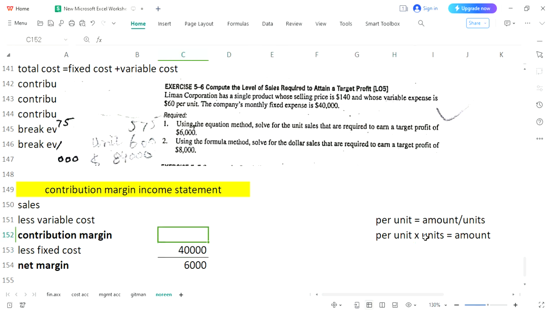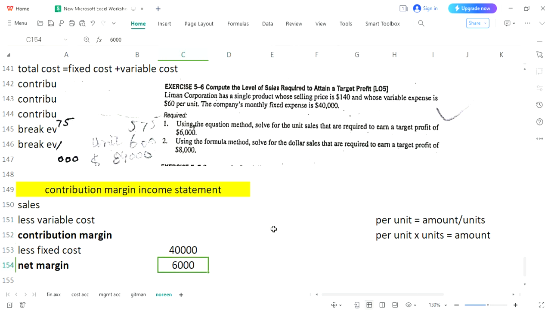Now we need the amount of sales and the amount of variable cost, and that has not been provided here. But one step we can take is to calculate our contribution margin. Hopefully you remember that if you know two items out of three, you can calculate the third item by the method of reverse calculation.